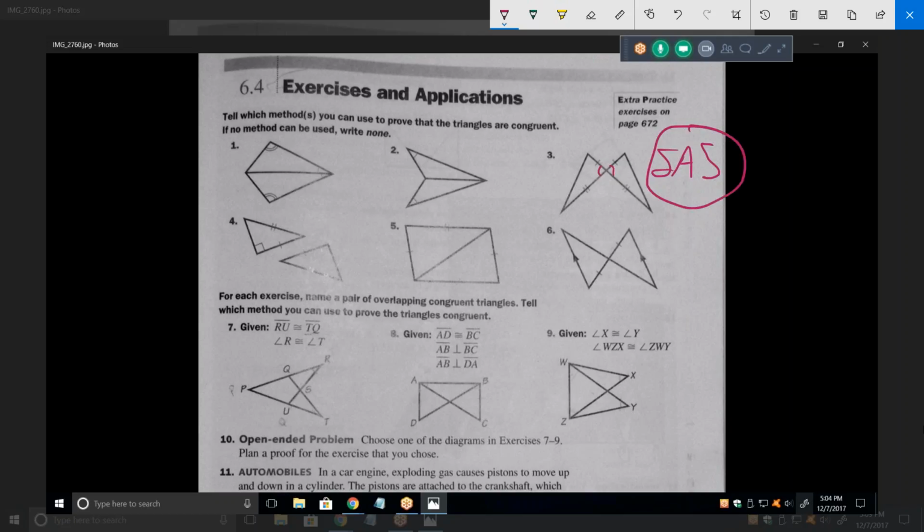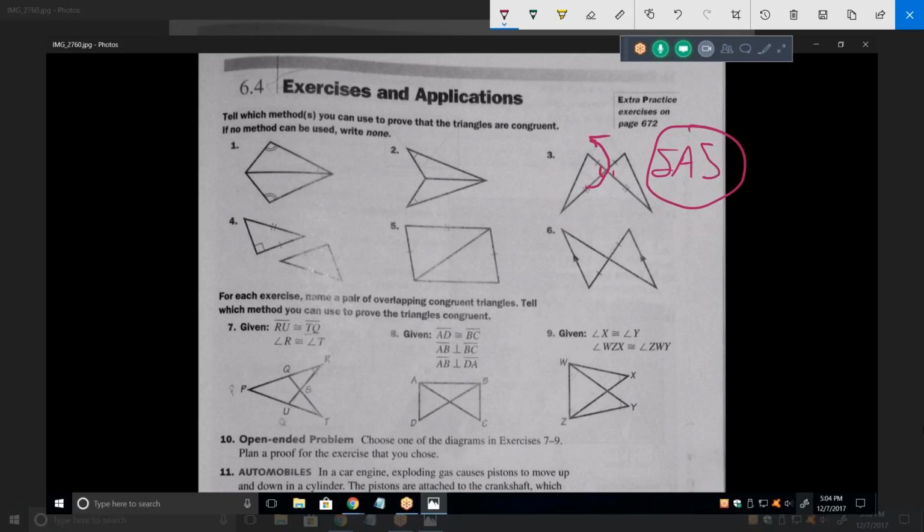I don't go this way. I don't go side, side, angle. That actually does not prove congruency. What you have to do is go the most efficient way. In other words, notice that if I went this way, I would be bypassing an angle there and an angle there. That's not the most efficient way to go. But if I go counterclockwise, if I go this way, then I run into everything I need immediately.